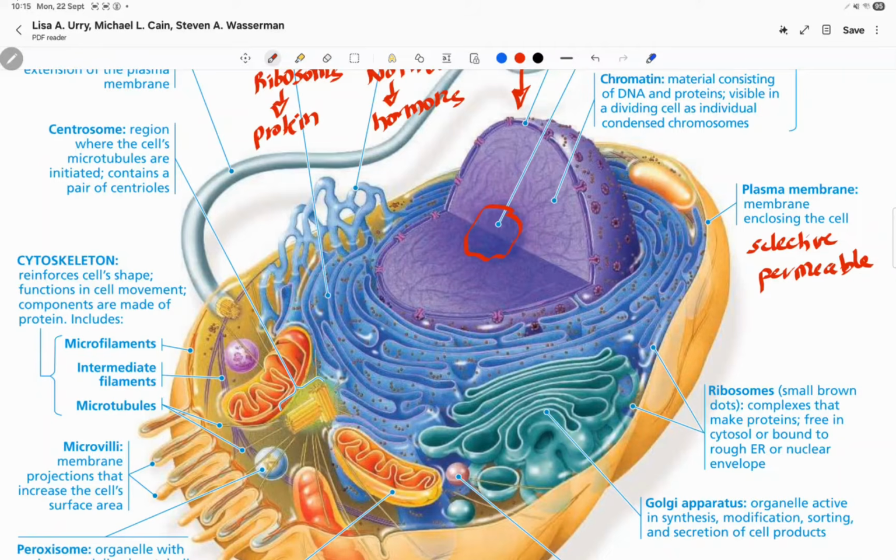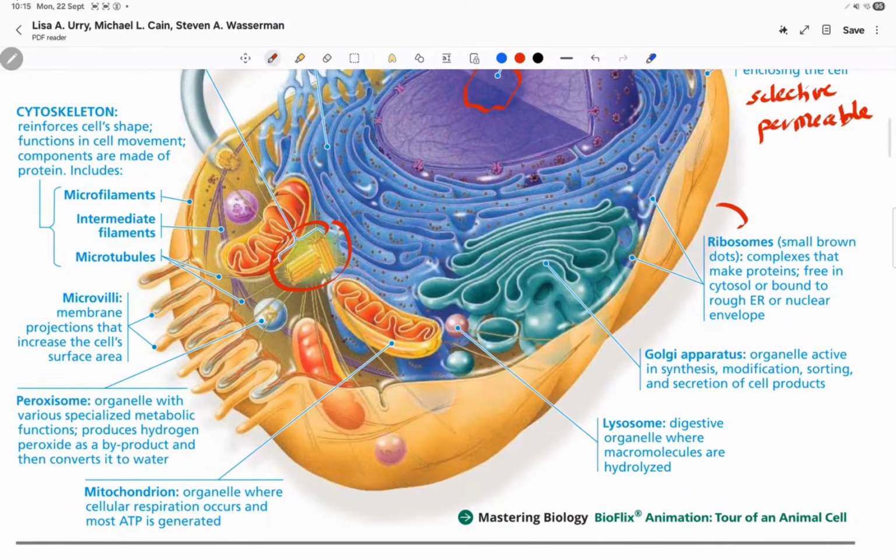The centrosome is going to be made of a pair of microtubules that are going to be so important during cell division, during mitosis, and also during meiosis. Ribosomes, if you find them here on the surface of this bag, they're used for making proteins that leave the cell.